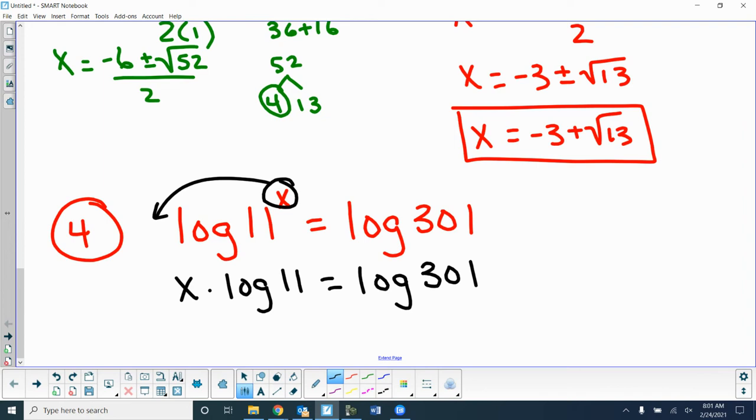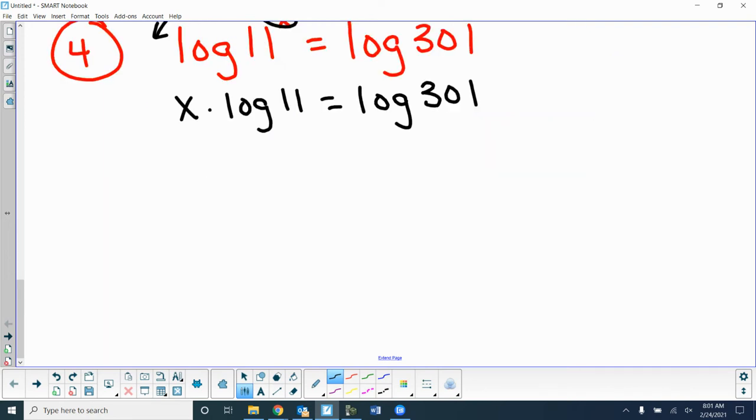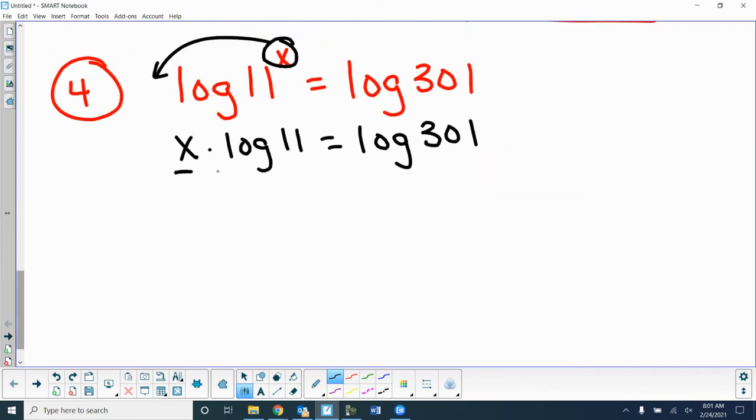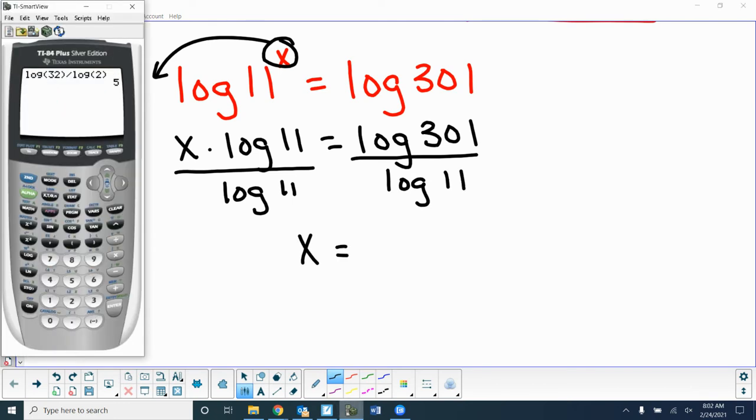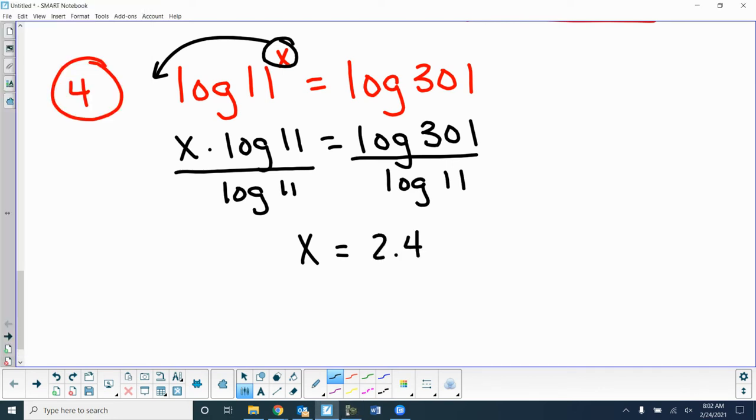So all I got to do is divide by log of 11 and I'm done, because all there is on the left is x. So log 301, divided by log 11. So 2.4, 2.38, doesn't matter. Just show your work. I see what you're doing, you'll be fine.